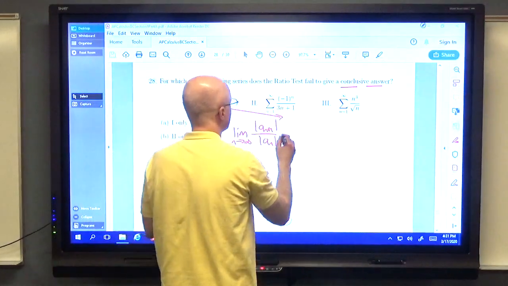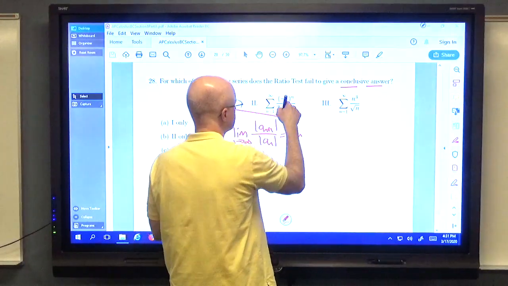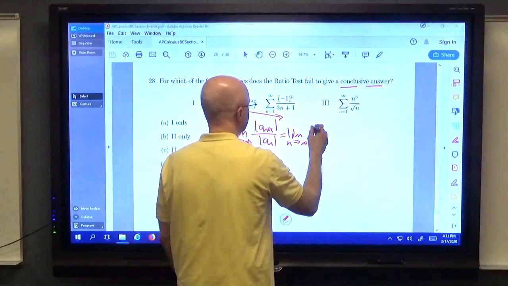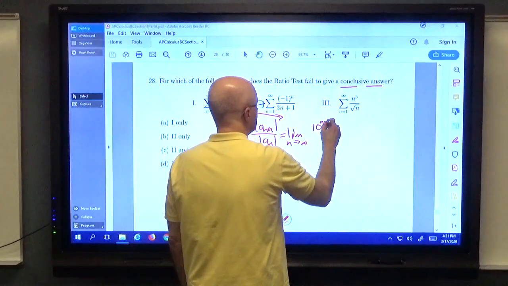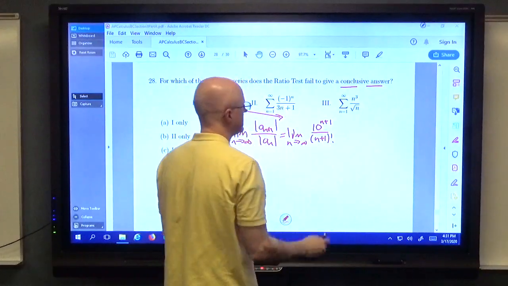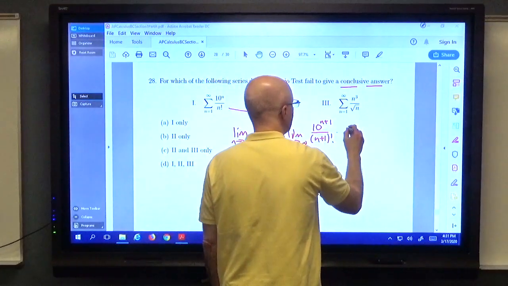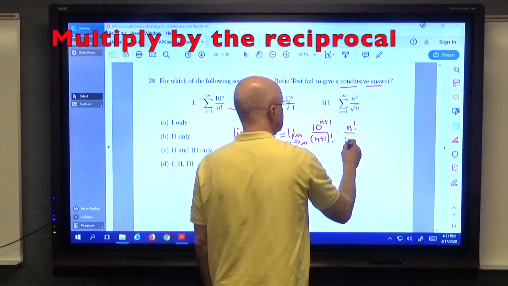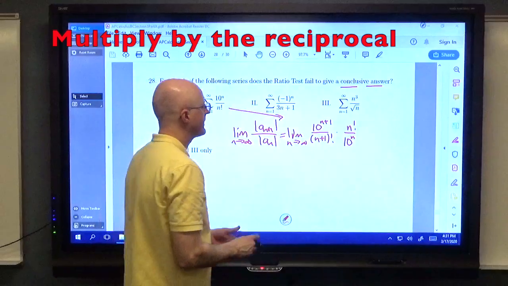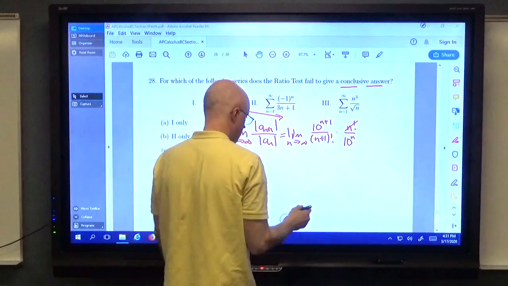In the case of the first one, we have to get rid of the negative sign, but I only have positive terms there. There's a_(n+1). Divide by a_n means divide by the reciprocal when you have just n's instead of n plus 1's. And whenever you have factorials like this, they cancel partially.